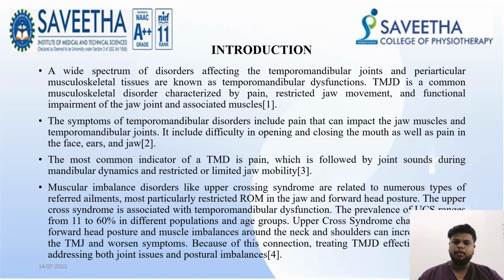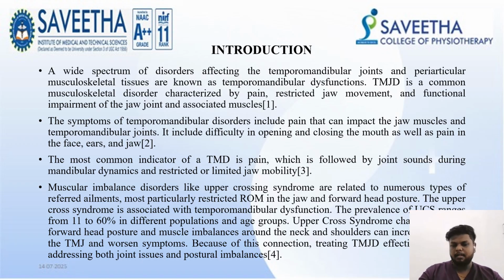So due to the deep neck flexors, how this upper cross syndrome will affect the TMJ. And also the prevalence of upper cross syndrome is mostly 11 to 60% in different populations and different age groups. And also this upper cross syndrome has a forward posture and muscular imbalance around the neck and shoulders, so it will worsen the symptoms.